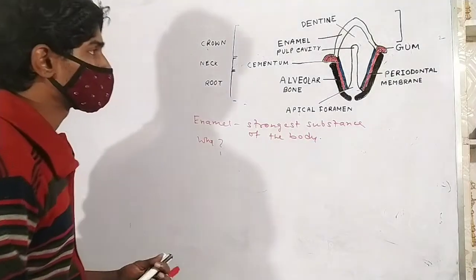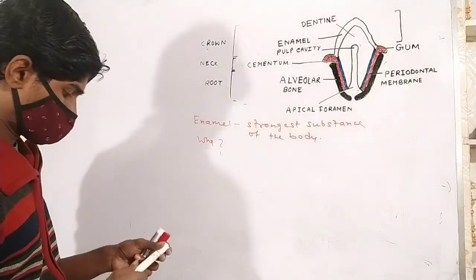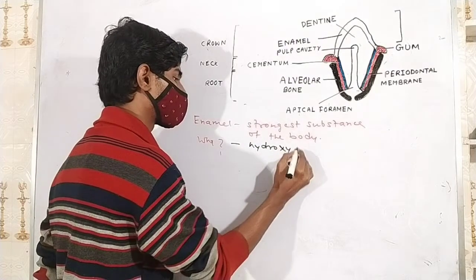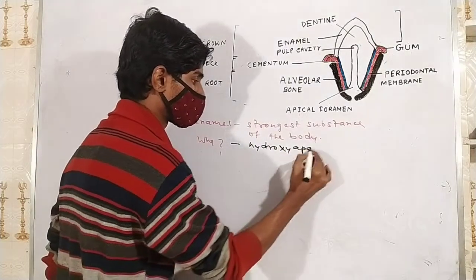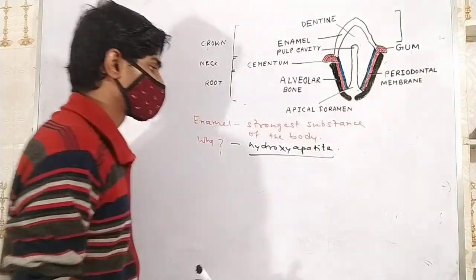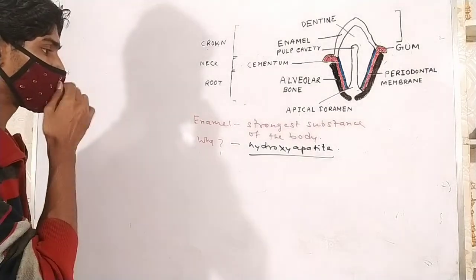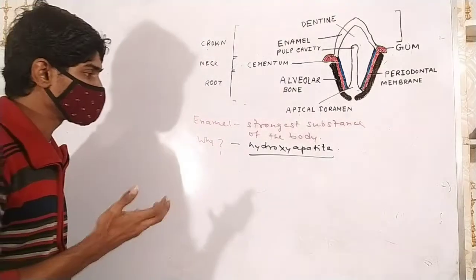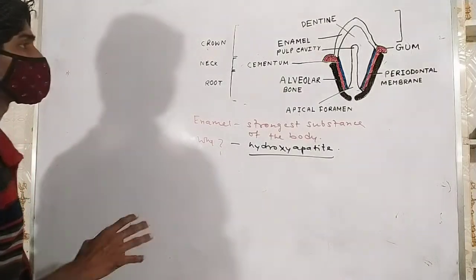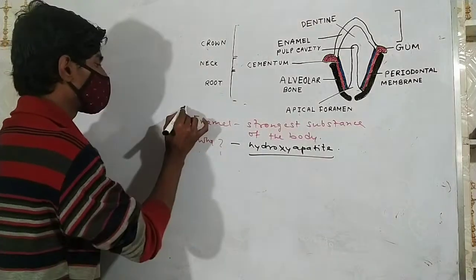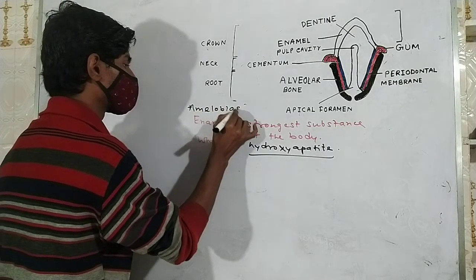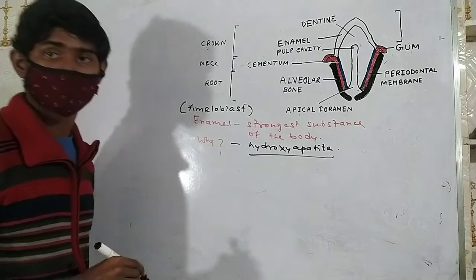It's because enamel is made up of hydroxyapatites, which are very strong mineral salts of calcium phosphates. The enamel is made by ameloblast cells.